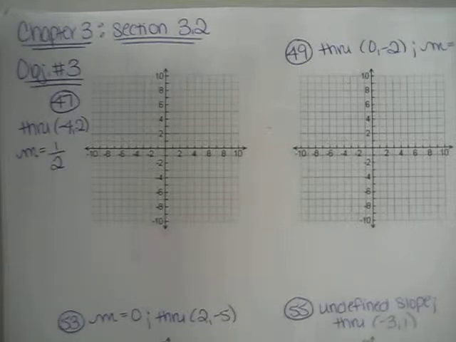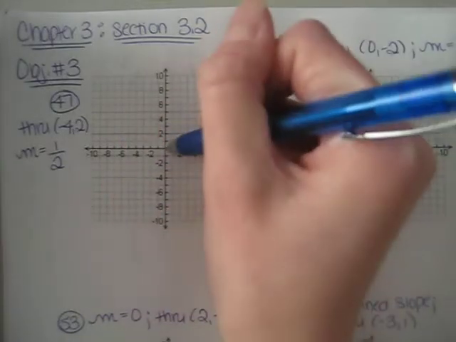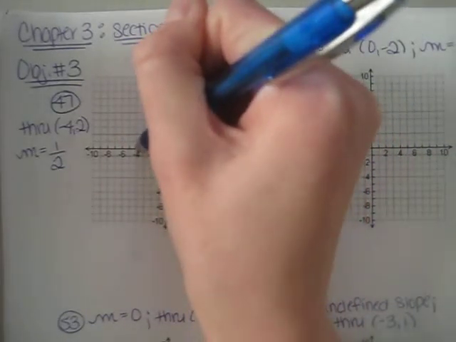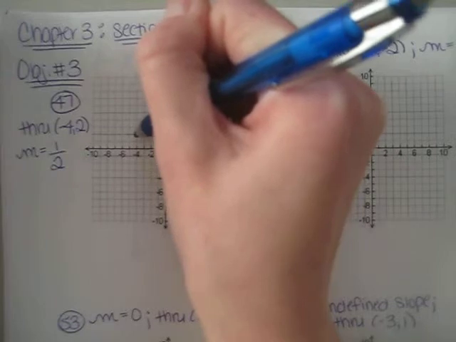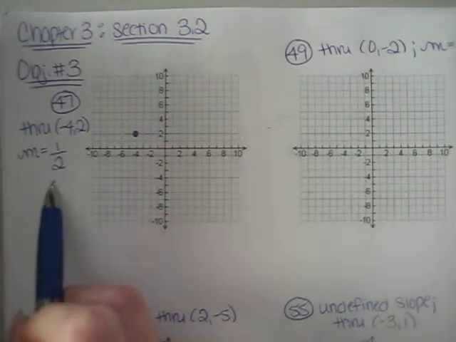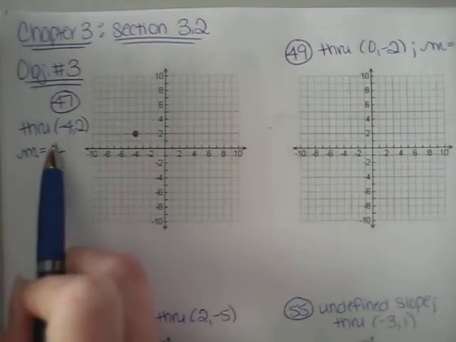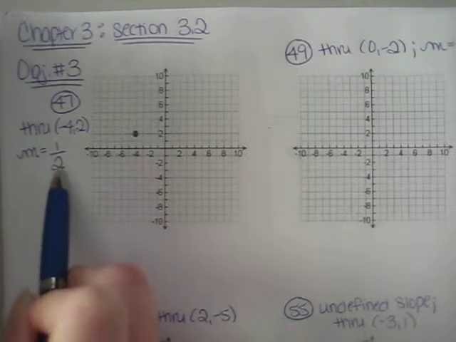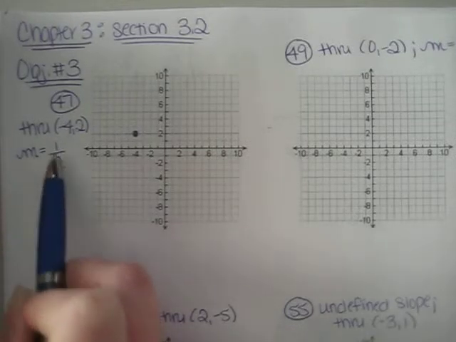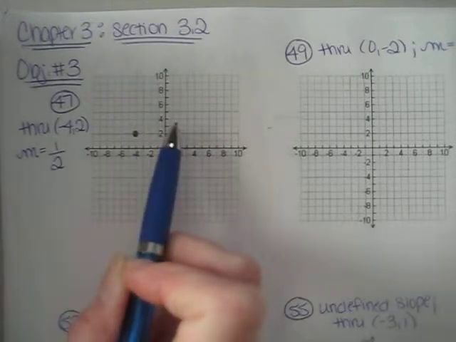So we plot that point first. Here's our slope, 1/2. Rise, run. That means we're going to go up 1 over 2. It's positive, so we always go up. So up 1 over 2, up 1 over 2.